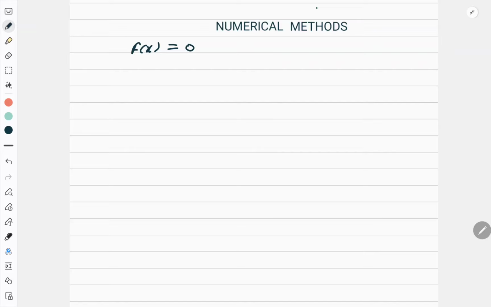Right? So f(x) can be of two types. f(x) can be a polynomial like this, or f(x) can be like this. The equations which are in terms of x are called algebraic equations, okay?